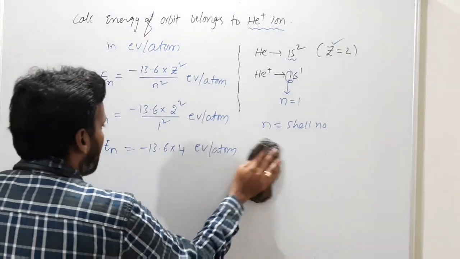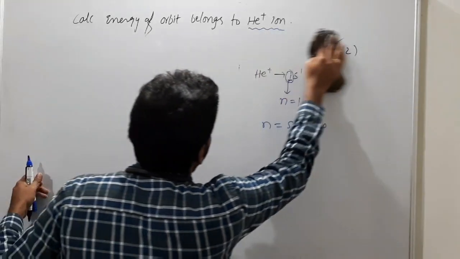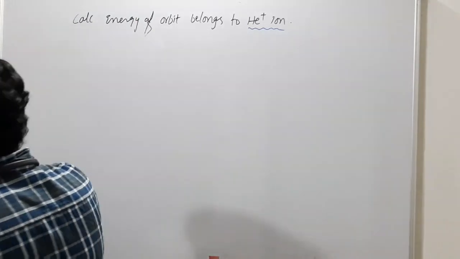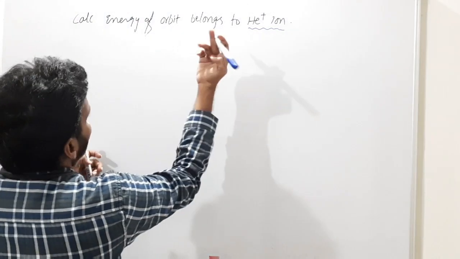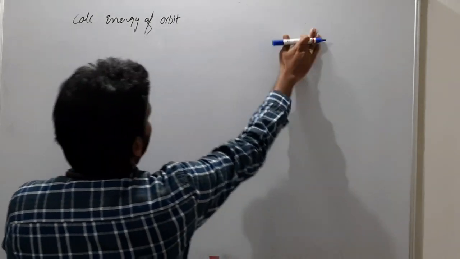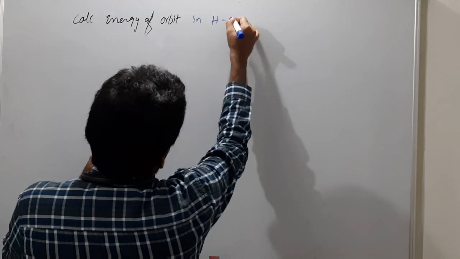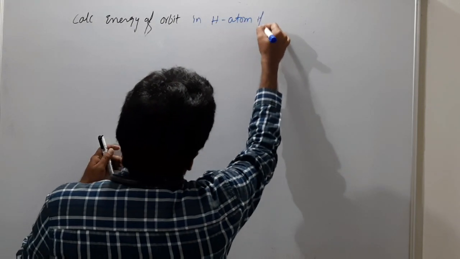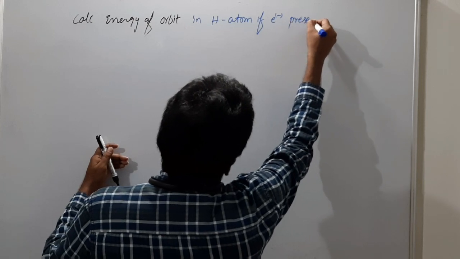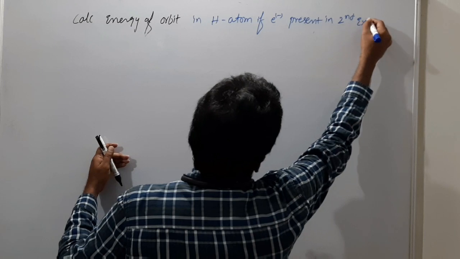Okay, now I'll give you one more numerical. Calculate, you just write it down so that you can understand. Calculate the energy of the orbit in a hydrogen atom if the electron is present in the second excited state.